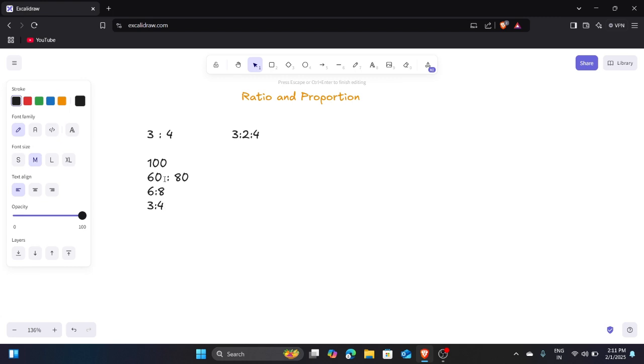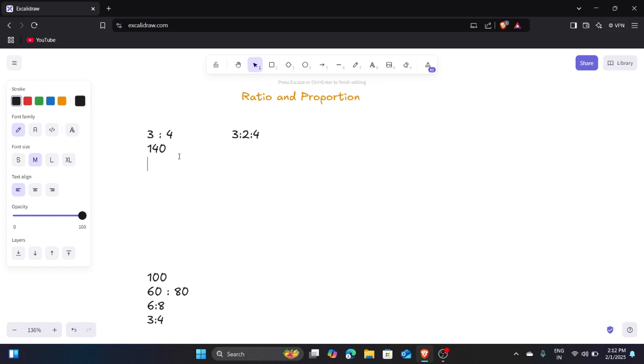Now a question can arise from this. Suppose they say the ratio of your marks and your friend's marks is 3:4, and the total marks you and your friend get is 140. Given this total and this ratio, how can you find the marks?